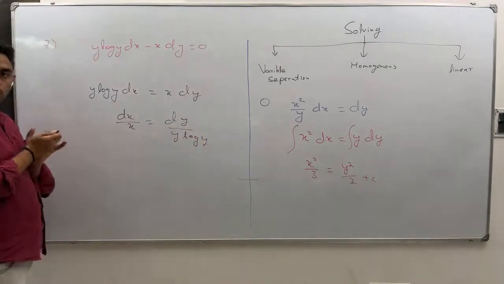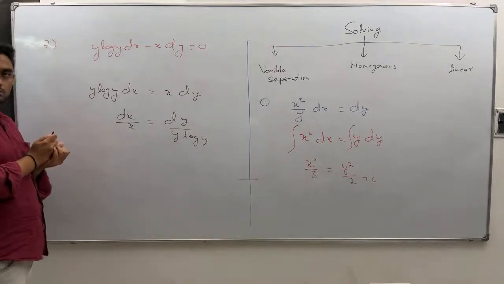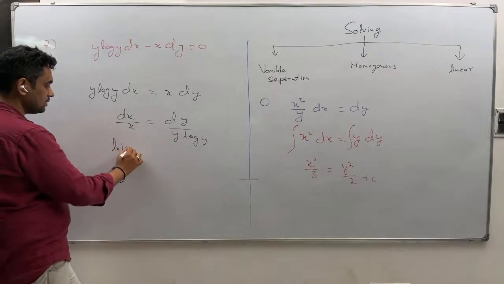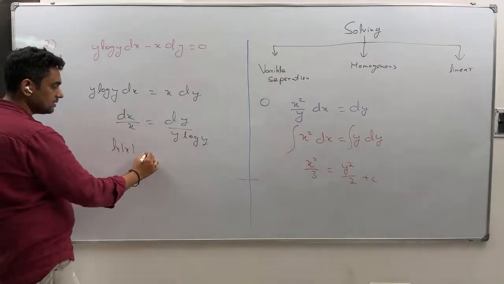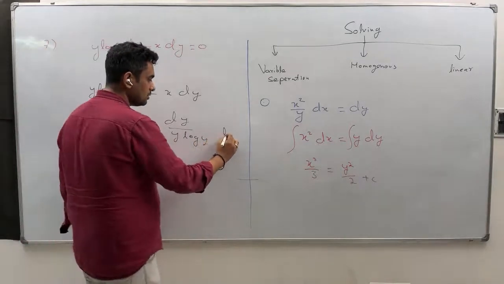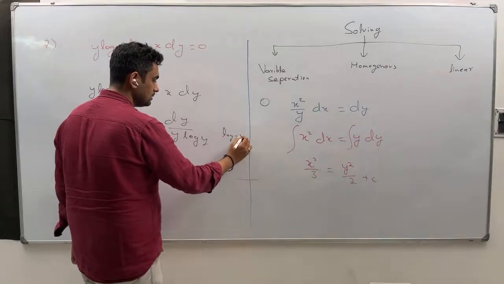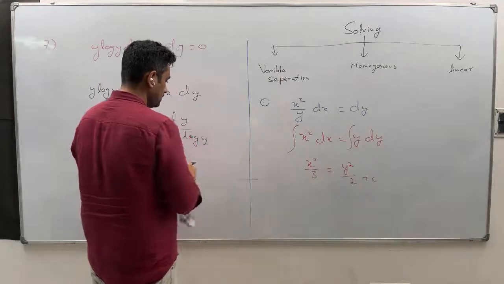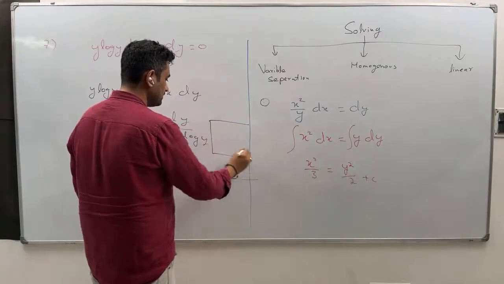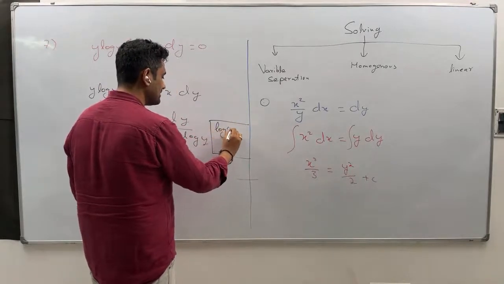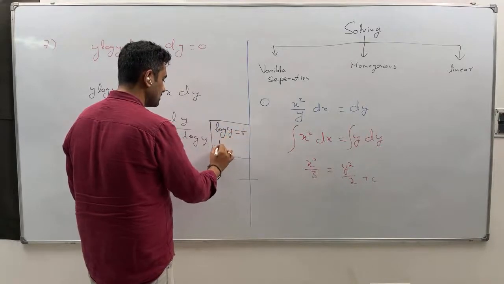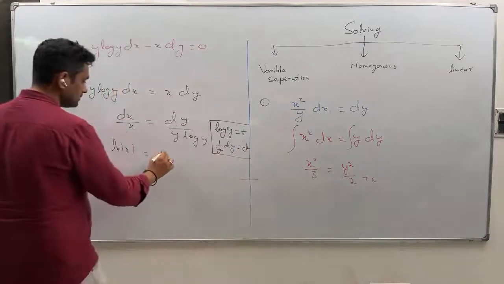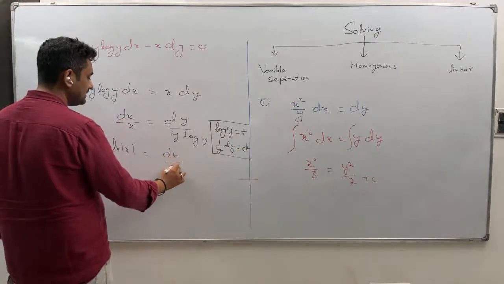Now next, this is a direct integral. We can take it as ln mod x. Over here we'll do the substitution. We'll take log of y as t. So we'll get 1 by y dy. This will be dt. So this will become integral dt by t.